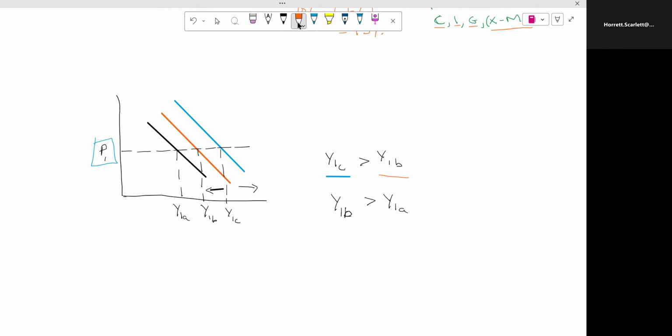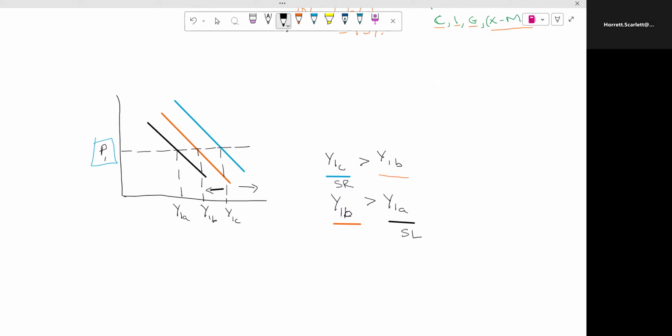Once again, that's our reference point. And in this case, that is going to be our shift to the left. So let me put SL, shift left. And up here, let me put SR, shift right.